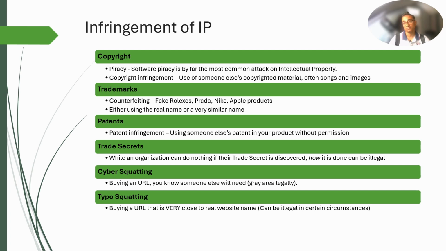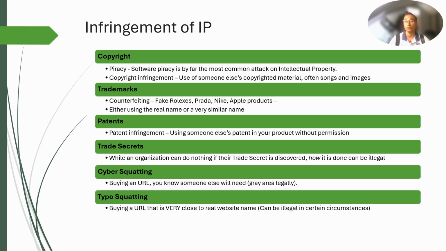How does the infringement of intellectual property happen? Just like the breach of privacy, here as well there are different ways and means. For example, infringing copyright, we have piracy, software piracy, book piracy. We have copyright infringement in terms of lifting and shifting and using somebody else's work.